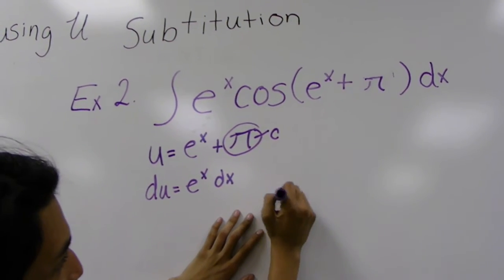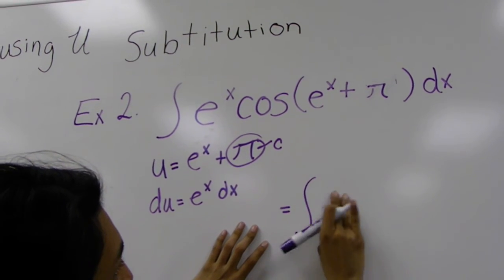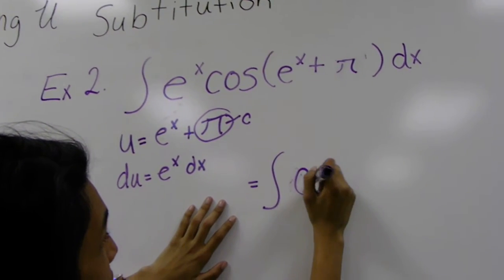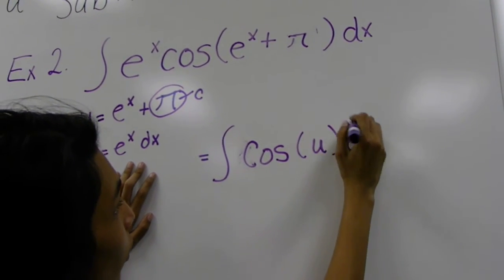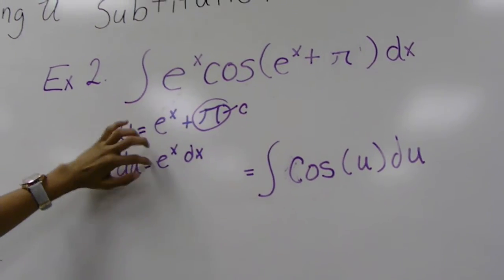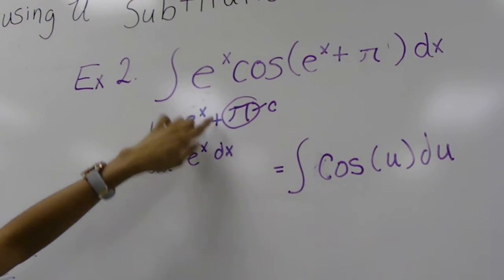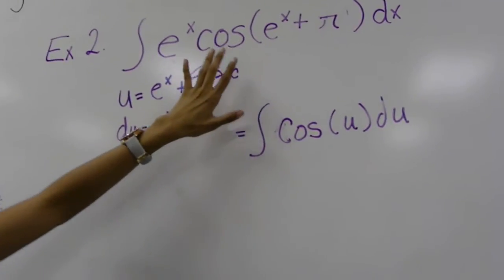So that is going to be simply the integral of cosine u du. How do we know that? Because we already have our e to the x and our pi, so we just stay with the cosine.